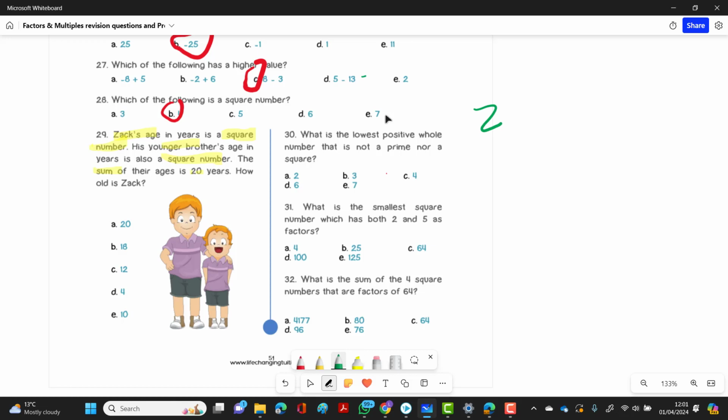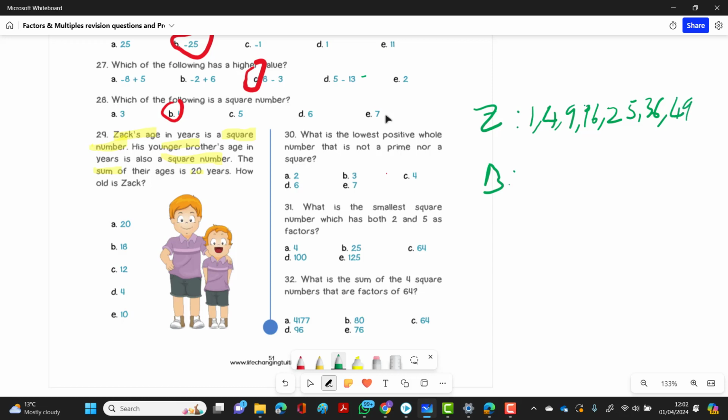So Zach and brother, and let's write the square numbers. So 1, 4, 9, 16, 25, 36, 49.